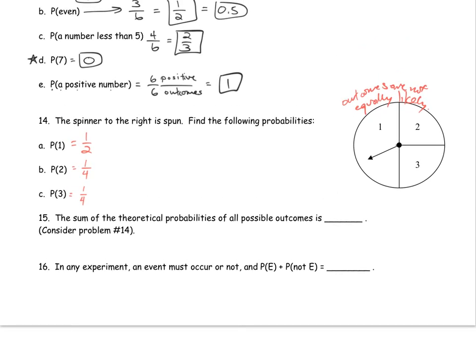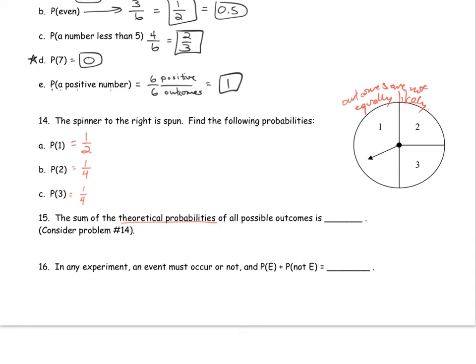One thing that you want to keep in mind is that anytime you add up all of the theoretical probabilities, which is what we were doing in 13 and 14, where I didn't actually roll a die or spin this spinner, so those were all theoretical.